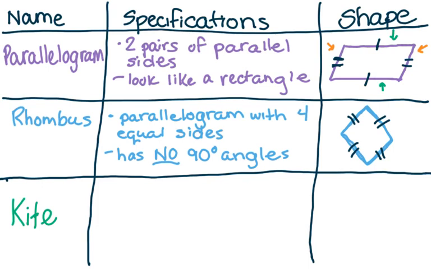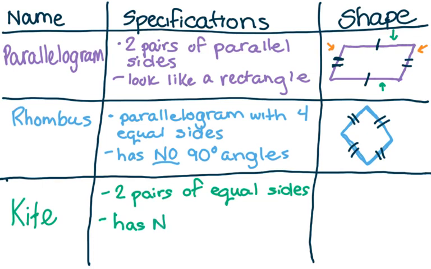A kite has two pairs of equal or congruent sides, and it has no parallel sides.